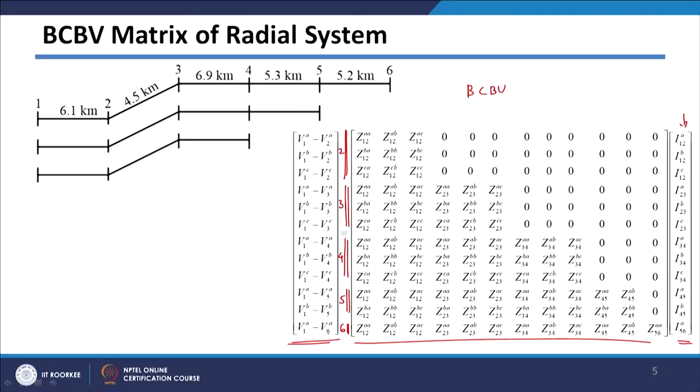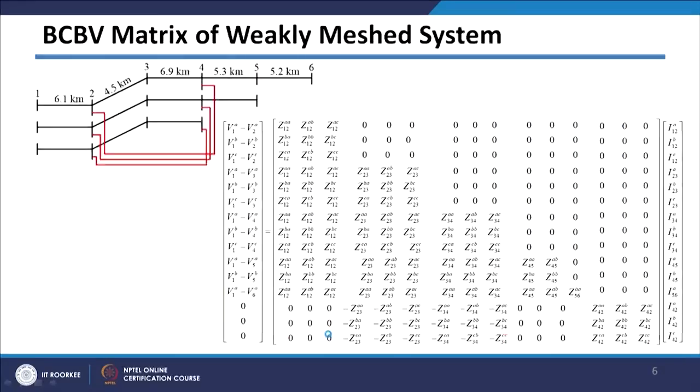Now, if you consider that earlier weakly meshed system, you can see that this part is remaining same as it is. These voltage magnitudes we have seen that we call them as delta V. This will be a matrix of zeros. This part of the matrix we are getting by subtracting. So, we have seen that this is corresponding to bus 2 and this is corresponding to bus 4.